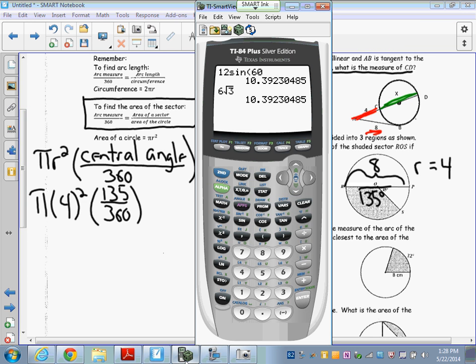So I'm going to type that in my calculator. Pi times 4 squared, and I'm going to multiply it by 135 over 360.